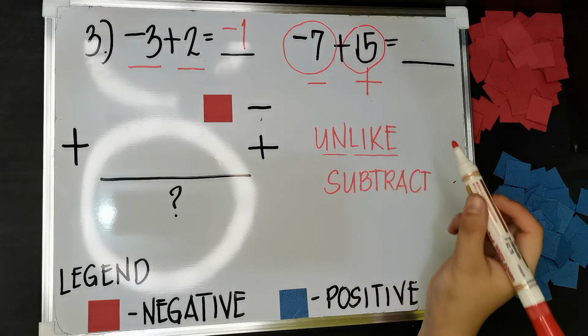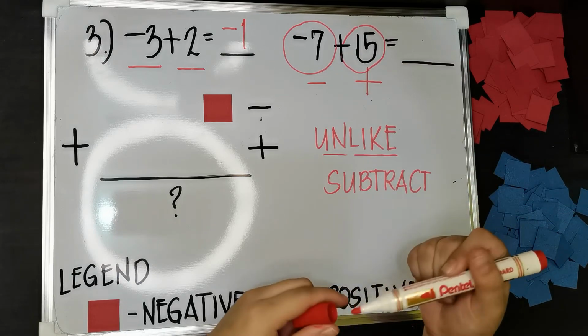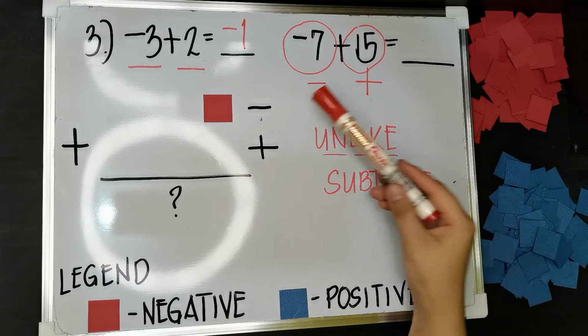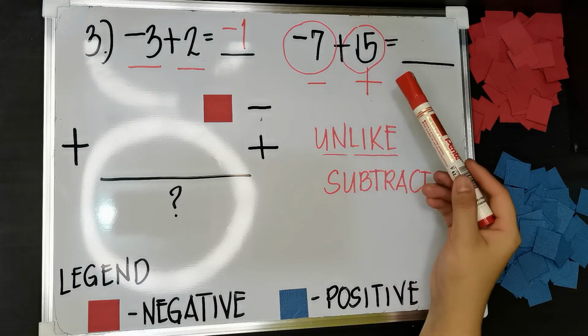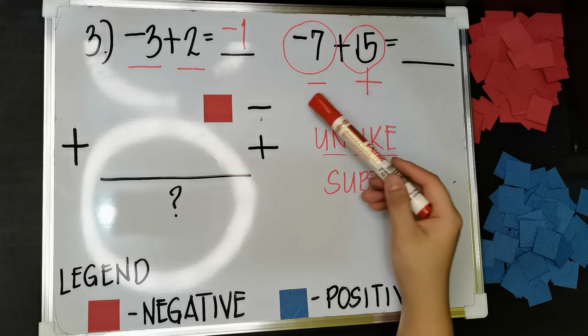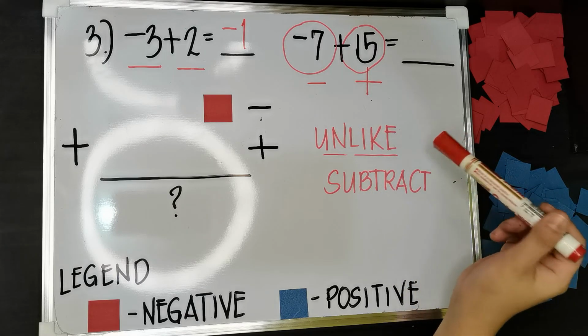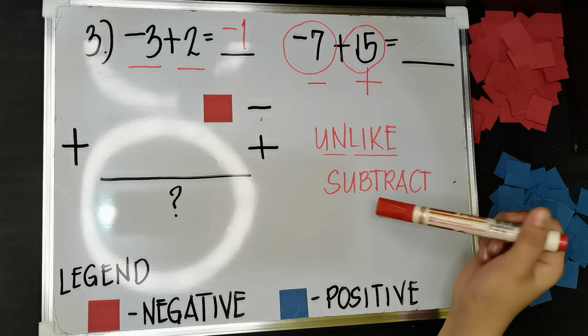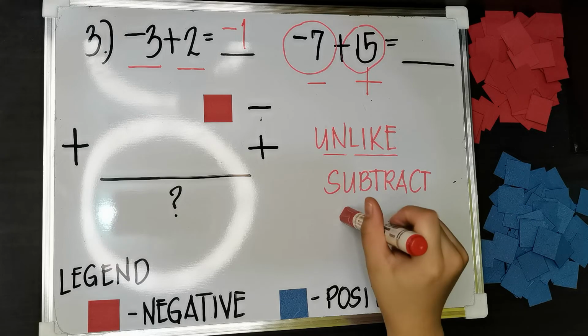Kumbaga ganito lang, sa madaling sabi, para makuha yung sagot nito, i-disregard mo muna yung sign. Okay? Pero kanina, pina-identify natin yung sign. Kailangan kasi maintindihan natin kung like ba siya or unlike ba siya. And then, after that, mag-subtract ka na. So, apply mo na yung subtract.